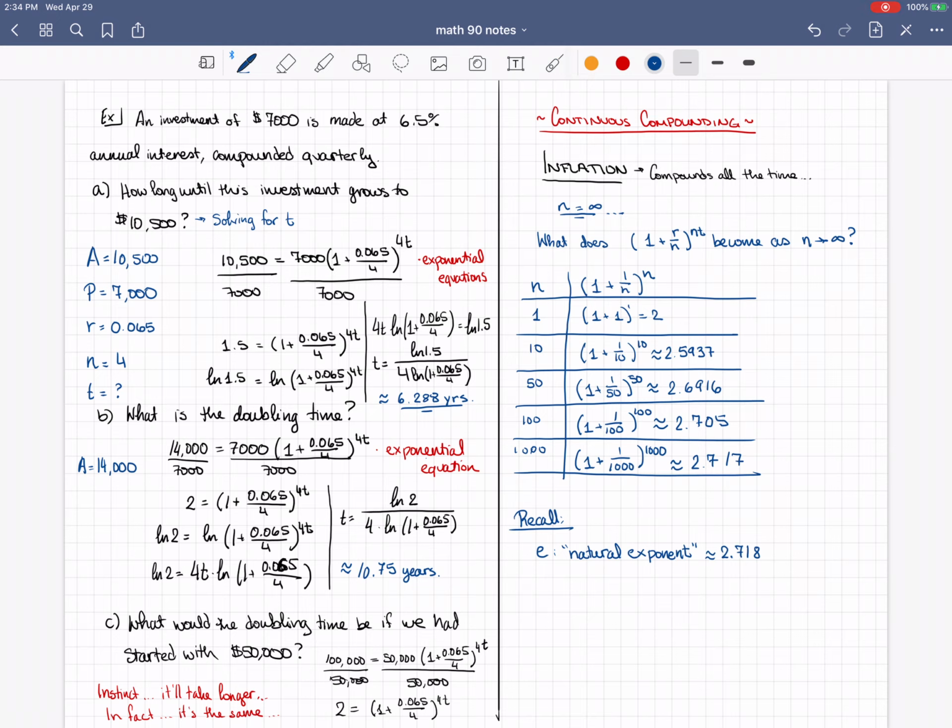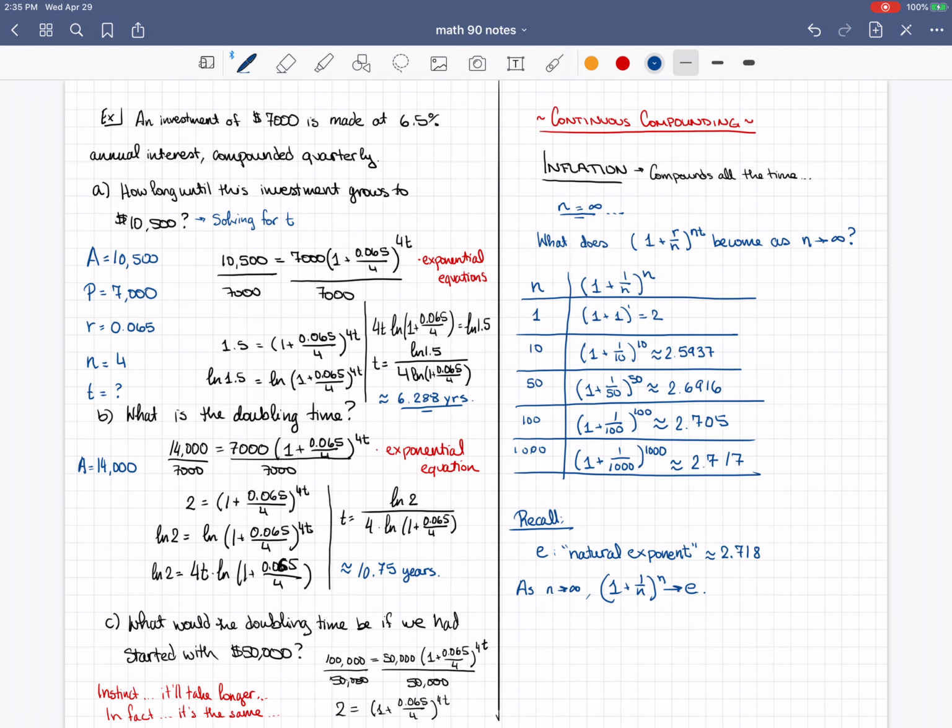And what I want you all to observe is that as n grows beyond all bound, 1 plus 1 over n to the power n goes to e.